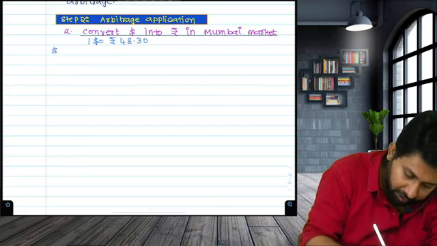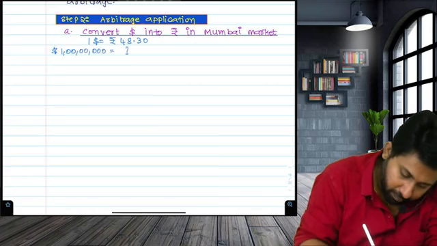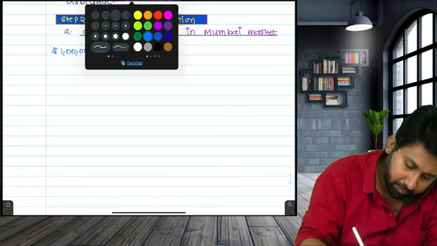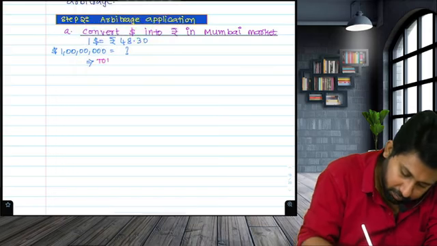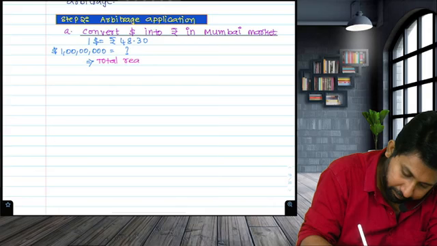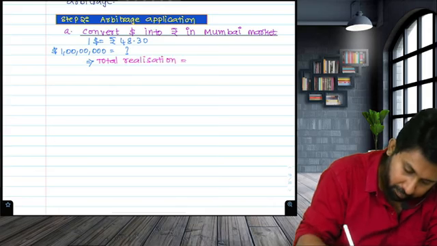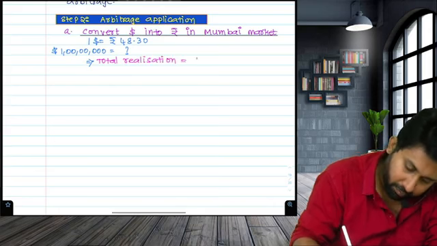Now I have how many dollars? Means rupees, 48 crore 30 lakhs.